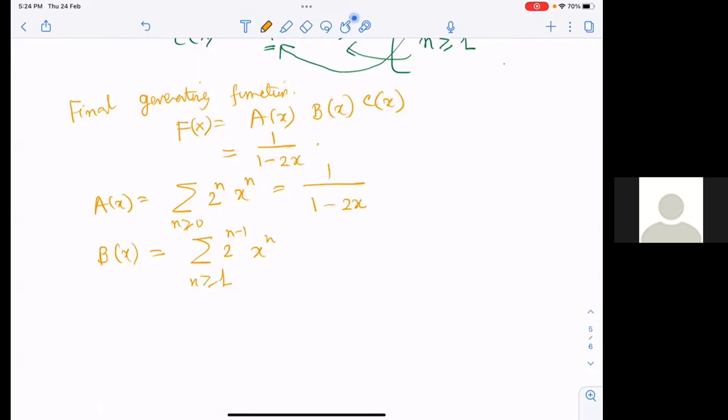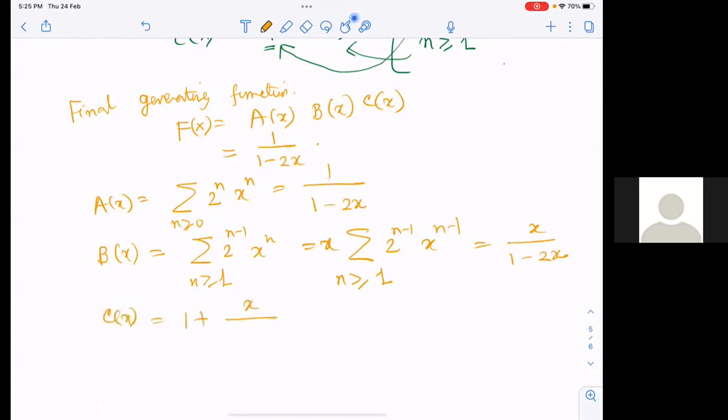You don't even need to differentiate, just take x common, right? So this is very simple. And what is cx? Cx is also the same thing, x by 1 minus 2x. This was really simple.